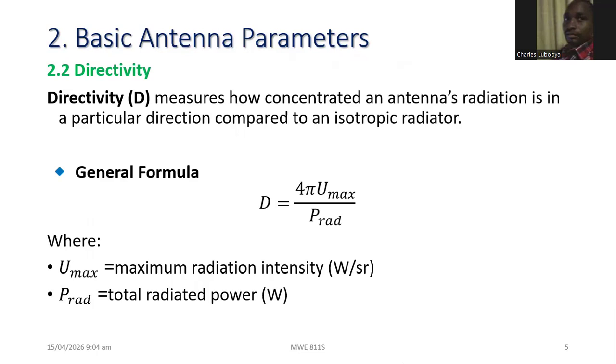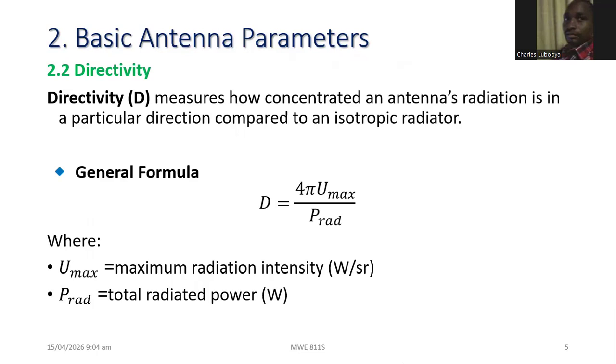So when you measure the concentration of an antenna's radiation pattern in a certain direction in comparison with a reference, an ideal antenna, then that is what is called directivity. So directivity is a measure of how concentrated an antenna's radiation is in a certain direction compared to an ideal antenna.